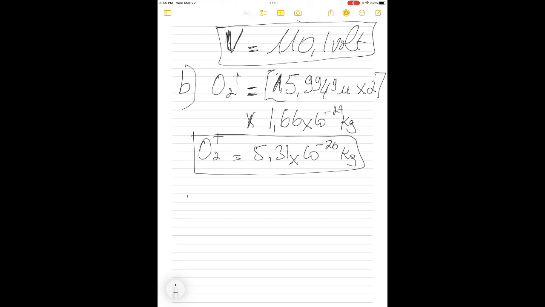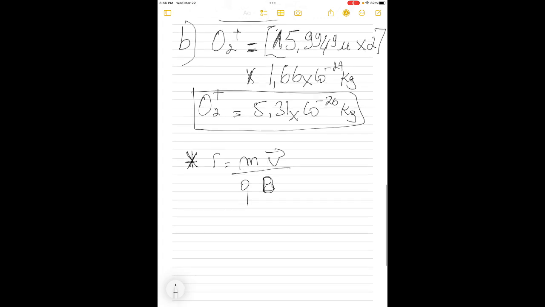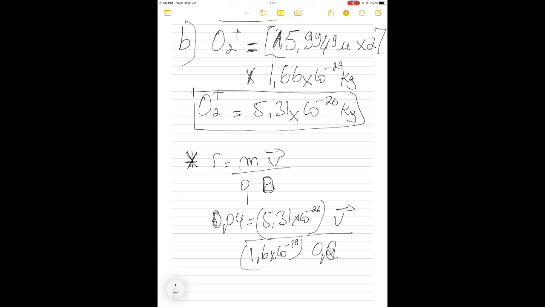From here, we're going to use the formula of the cyclotron, mass multiplied by speed, divided by the charge multiplied by the field strength. So 0.04 equals 5.31 times 10 to the minus 26 multiplied by speed, divided by 1.6 times 10 to the minus 19 multiplied by 0.2.